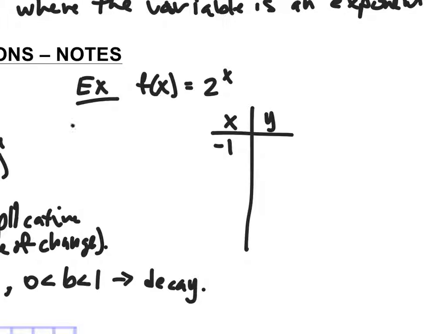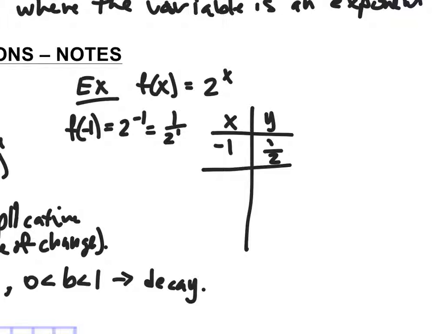If I plug in -1, f of -1 gives me 2 to the -1 power. Now, if I have a negative exponent, I write this as 1 over 2 to the first, which is just 1/2. So the y value here is 1/2. If I plug in 0, f of 0 is 2 to the 0 power, which is just 1. Anything raised to the 0 power is 1.